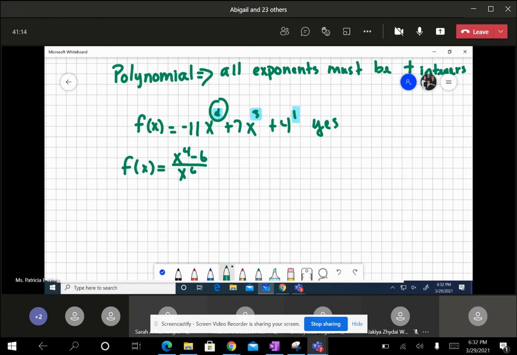That x to the 6th down there in the denominator, rewritten, this is x to the 4th minus 6 times x to the negative 6. My exponent is negative, so it's not a positive integer. That's a negative integer, so that would be a no, right?